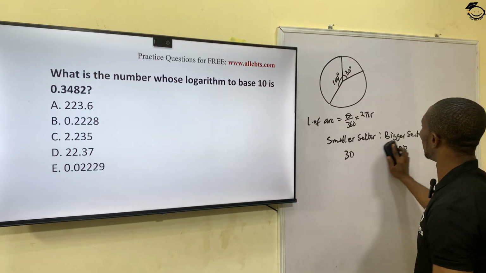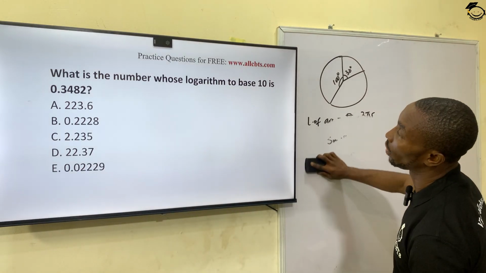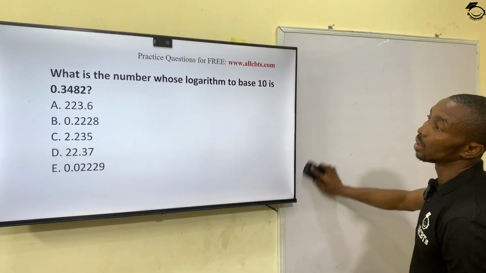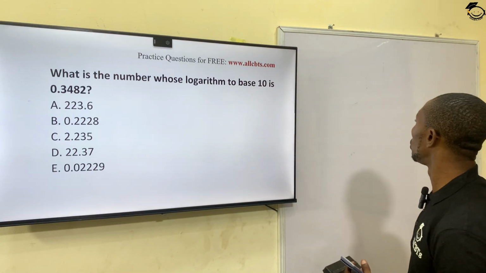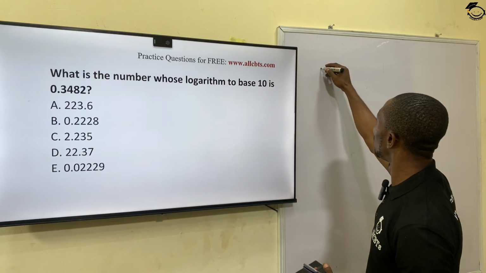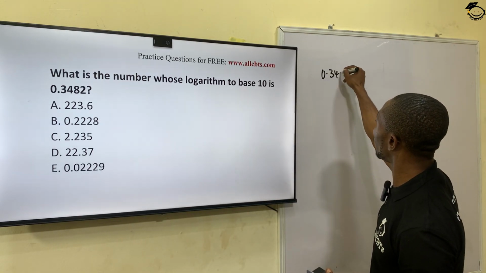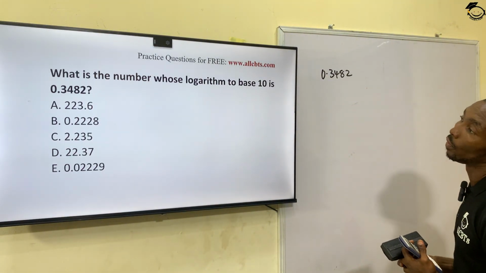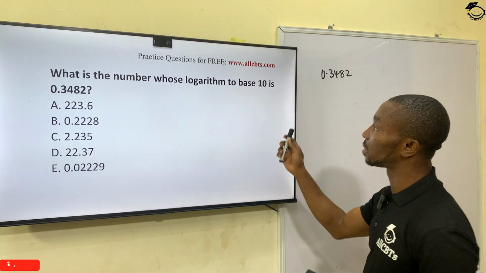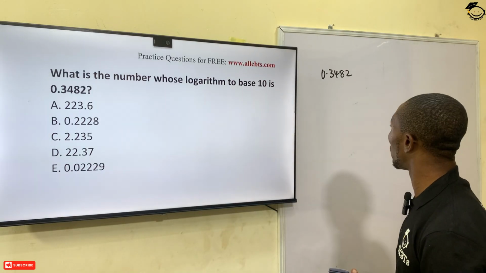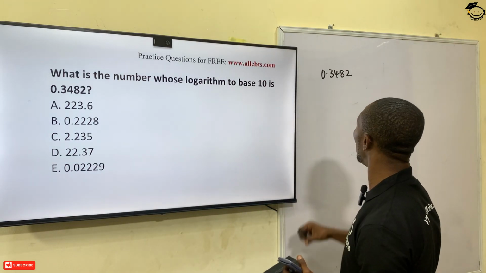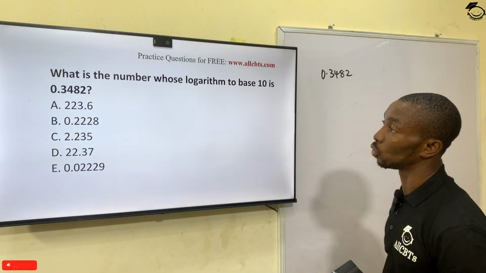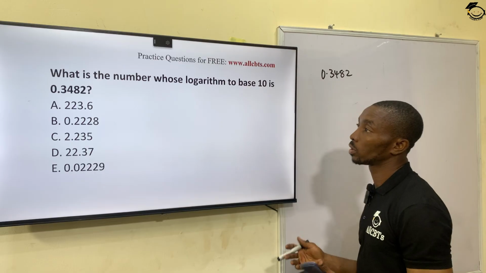What is the number whose logarithm to base 10 is 0.3482? So we have 0.3482. Now, if we want to find the number whose logarithm to base 10 is this, we have to look for the antilog of 0.34 under 8, difference of 2, if we are using our log tables.